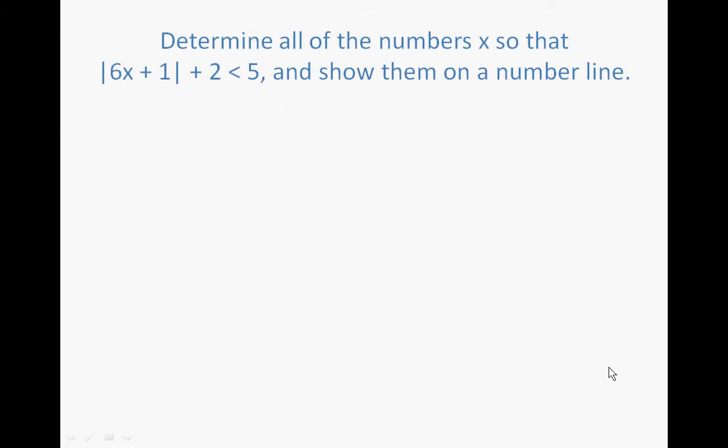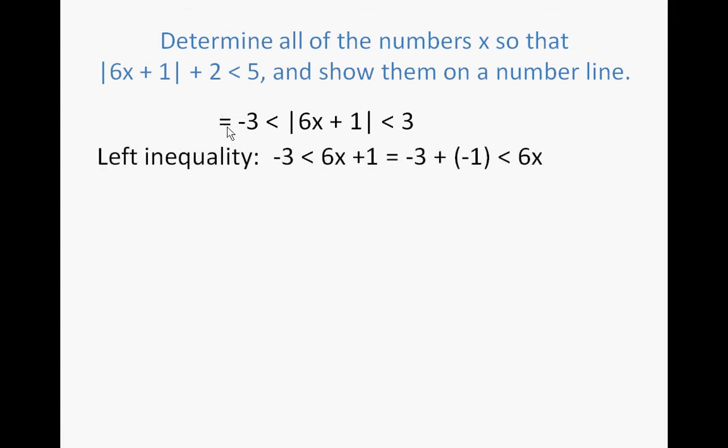So continuing on, determine all the numbers x. If here is our new set based on our fact, then we're going to tackle the left side of the inequality. Minus 3 is less than 6x plus 1.